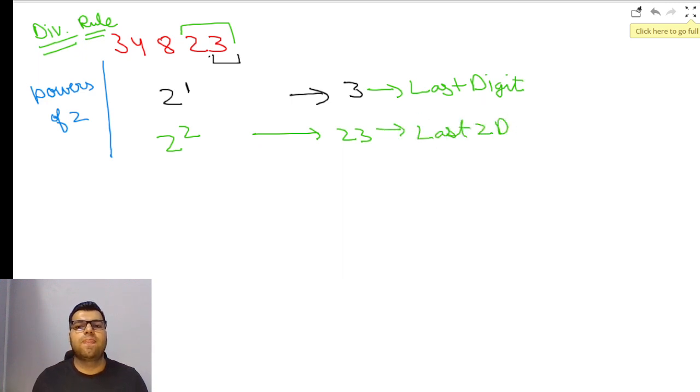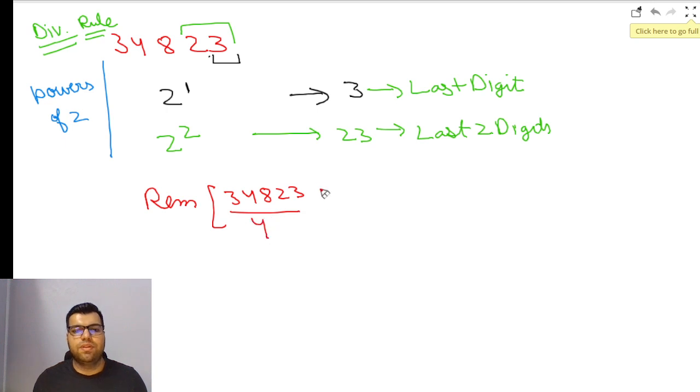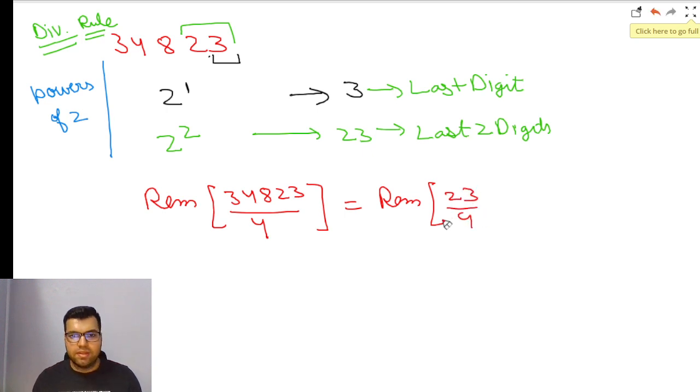What does this mean? It simply means, I'm writing it, the remainder of 34823 with 4 is the same as the remainder of the last two digits with 4. So pretty simple. Many people must be knowing this.